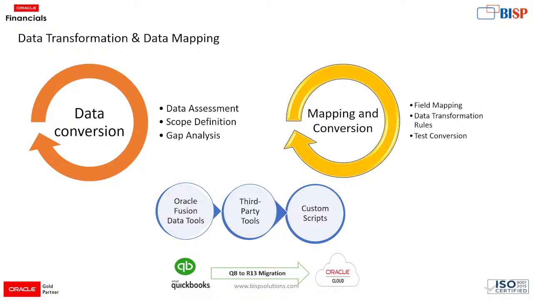Then gap analysis identifies all the specific data elements that are present in your Oracle Fusion system but missing in your QuickBooks source system. Additionally, it also identifies any data element that is present in your QuickBooks or source system but not present in Oracle Fusion.